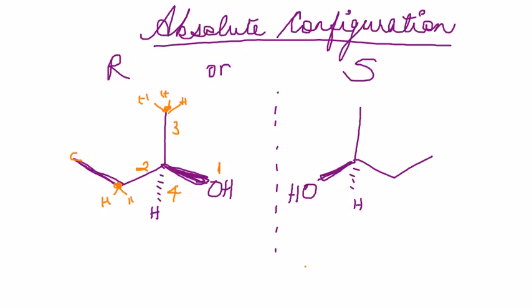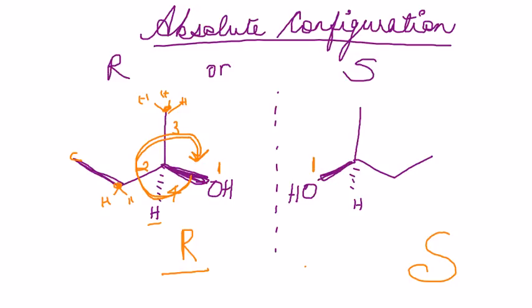Now, the second rule is keeping the hydrogen away from you. In this case, it does happen to be away from us because it's on the dashed line. We have to see how we go from priority 1 to priority 2 to priority 3. Looks like I'm turning in a clockwise direction, and if it is going in a clockwise direction, I'm going to assign it a configuration R. That means I'm expecting its mirror image to be S. Let's see if it is actually S or not.